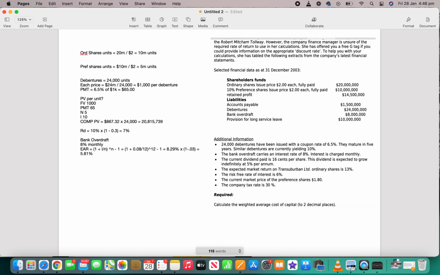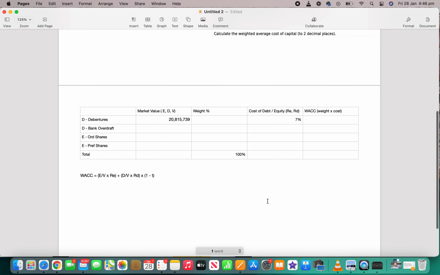Okay, so that's our cost for our bank overdraft. So exactly the same as our debentures, but because we're given that monthly portion, we then need to use EAR to calculate that. So we can then fill that part in.